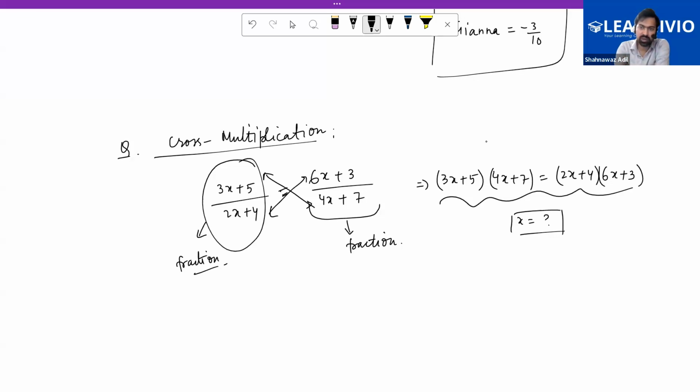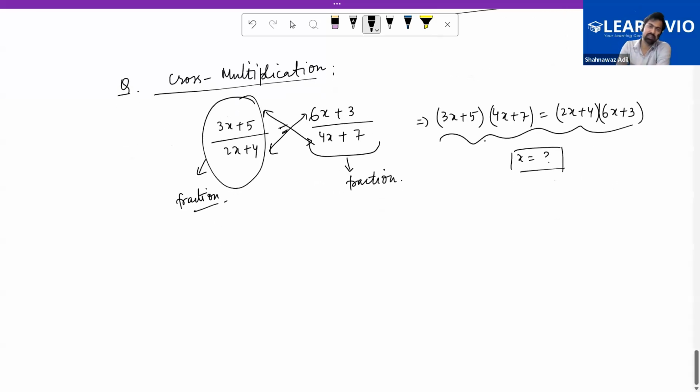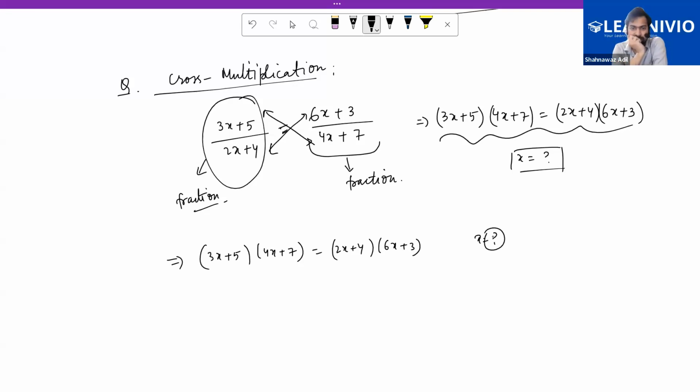You have to solve this, right? x plus 5, 4x plus 7, and then 2x plus 4, 6x plus 2. So what is x? We have 3 minutes, right?